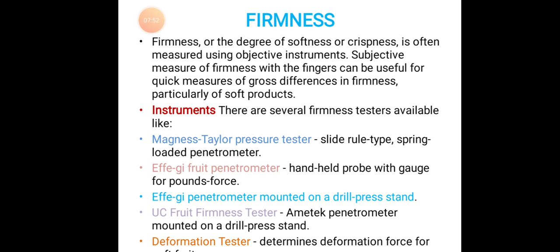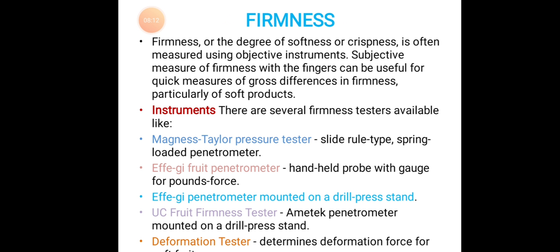Firmness. Firmness, the degree of softness or crispness, is often measured using objective instruments. Subjective measure of firmness with the fingers can be useful for quick measures of gross differences in firmness, particularly of soft products. Instruments.